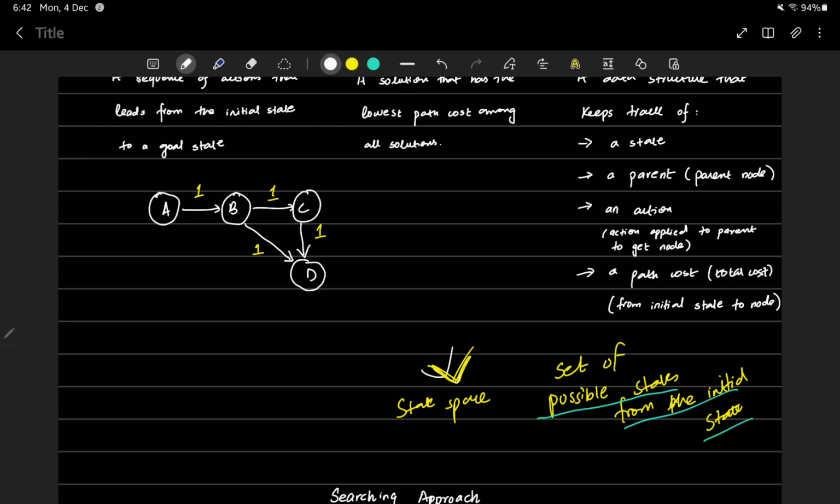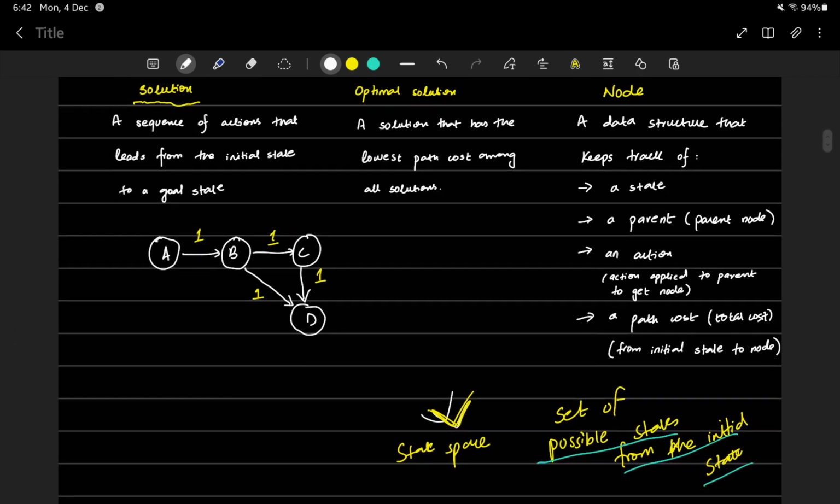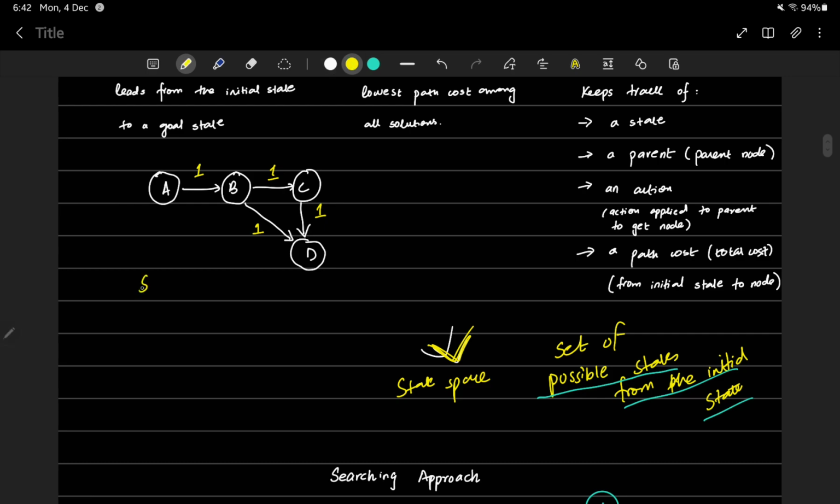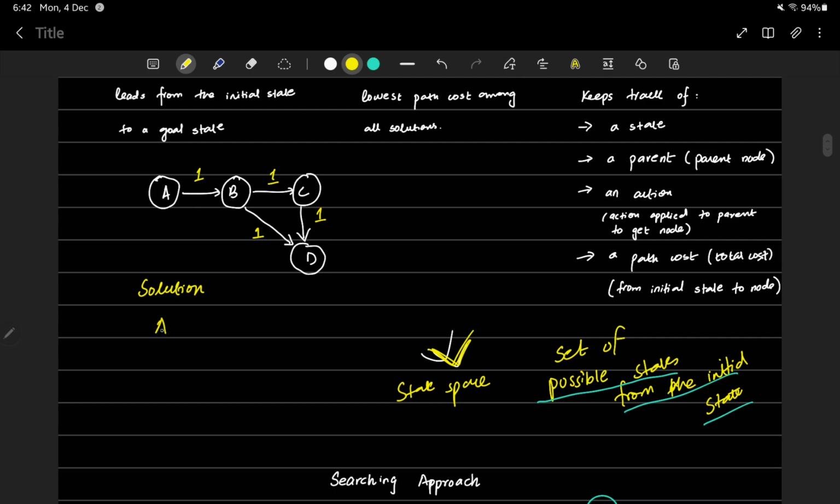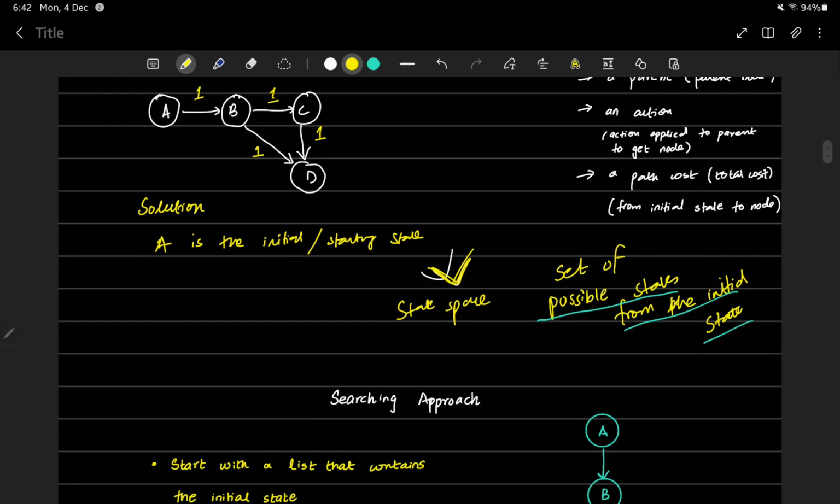So if I ask what is the solution of this problem, of this graph, given that A is the starting point, the initial state, and D is the goal state or goal node, right?